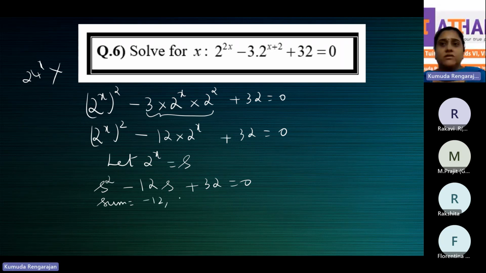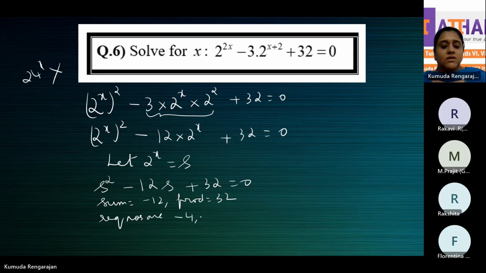Sum is minus 12 and the product is 32. What are the two numbers? What are the required numbers? Minus 4 and? Because the product is 32 and the sum is minus 12. Okay, so I'm splitting the middle term.